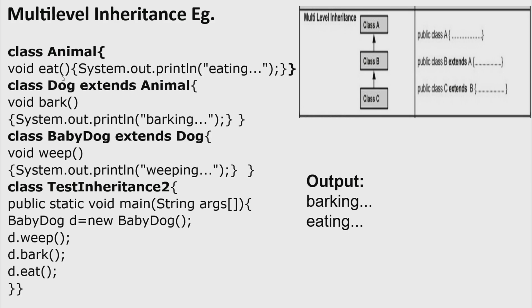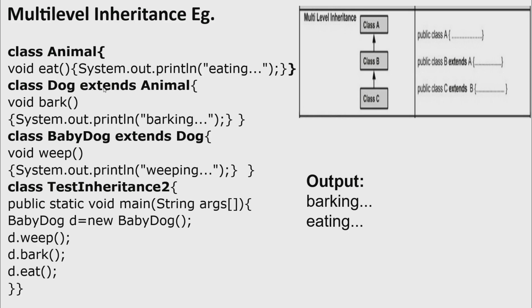Eating is a common behavior for all the animals. Here I have printed System.out.println of eating. Class dog extends the animal class. Here dog has its specific behavior called bark, and I have printed barking. Next one, class baby dog.